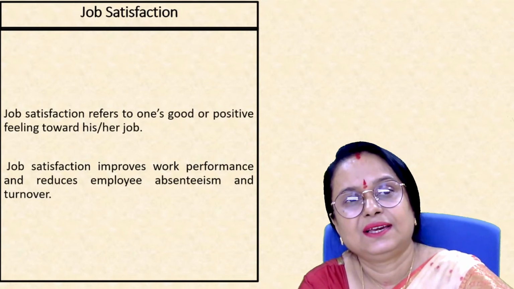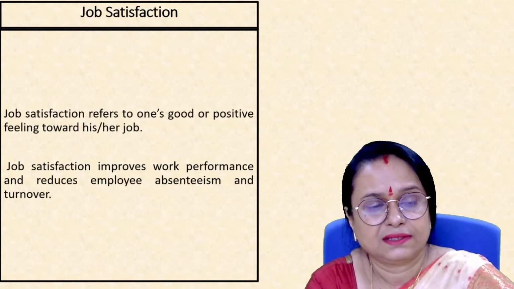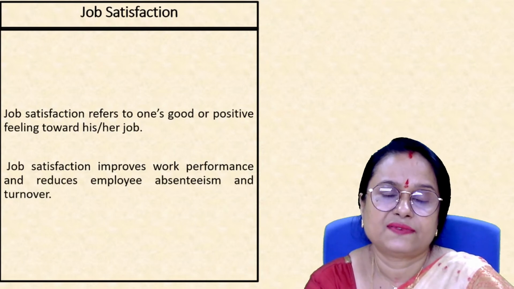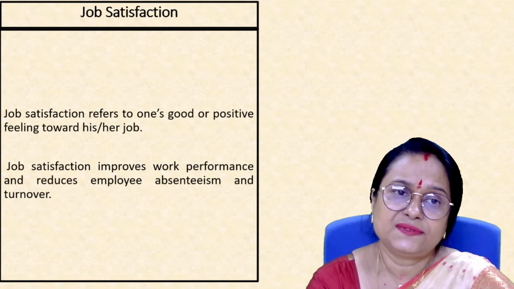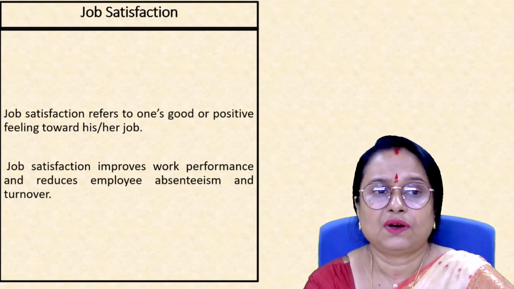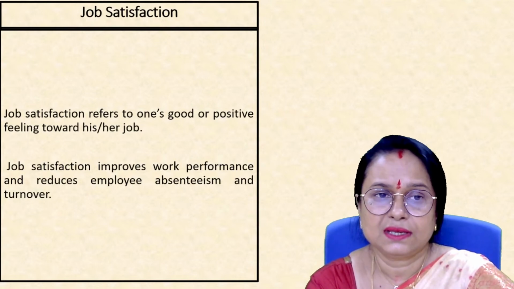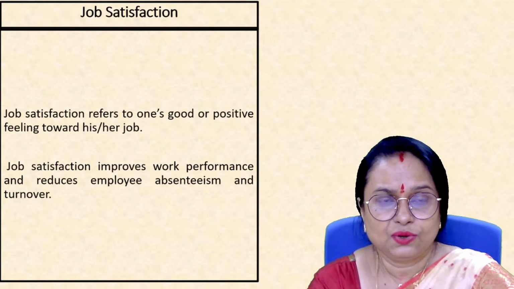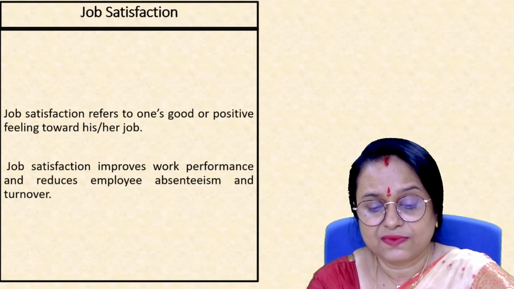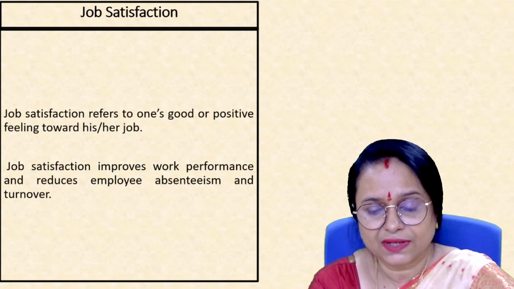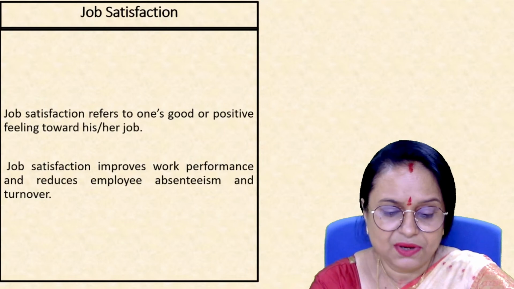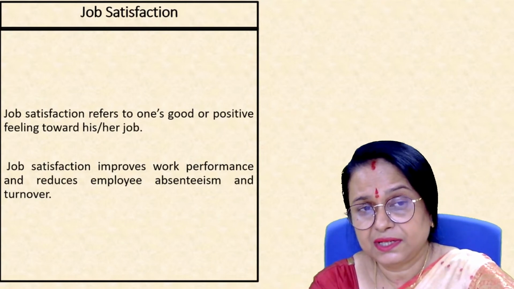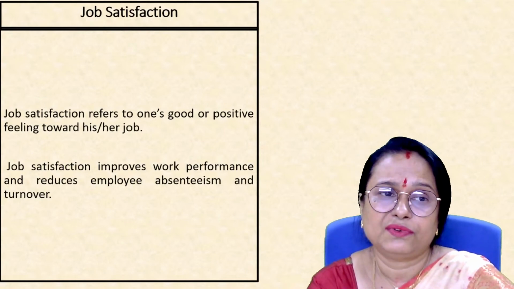Then we see the second factor, that is job satisfaction. Job satisfaction refers to one's good or positive feeling towards his or her job. There are two things, one is job satisfaction, one is employee satisfaction. Job satisfaction is completely job oriented.